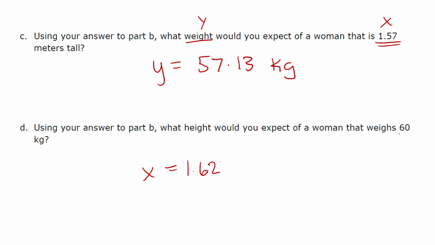And you would have substituted in 60 for your y because we're trying to find height, which is our x. And this would be in meters. Okay. And that concludes our practice.